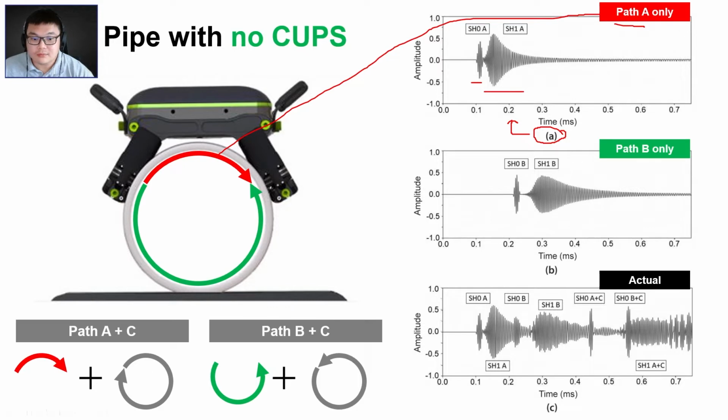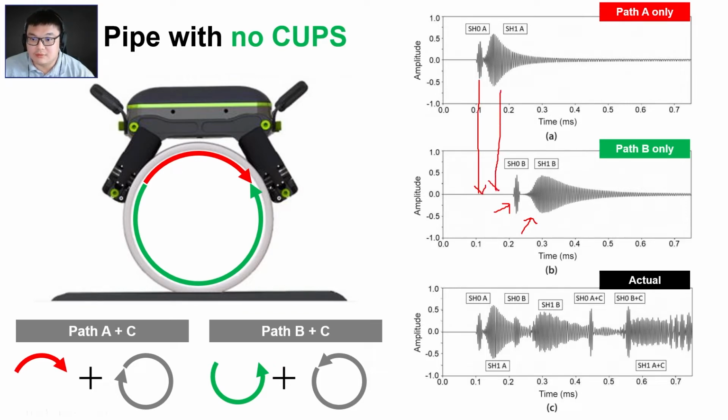Of course there's also the bottom path direction. If we are able to isolate these waves and visualize just the bottom path guided waves, we would see the B path SH0 and the B path SH1 arriving a bit later. You can see that they are arriving at different times, because the distances of A and B are not the same.